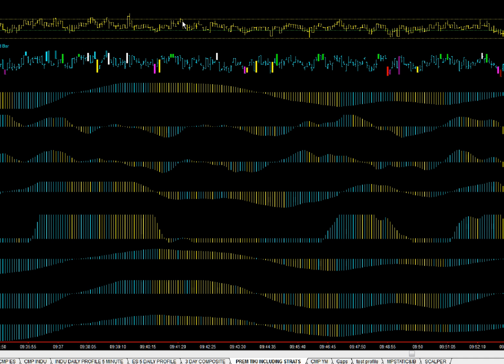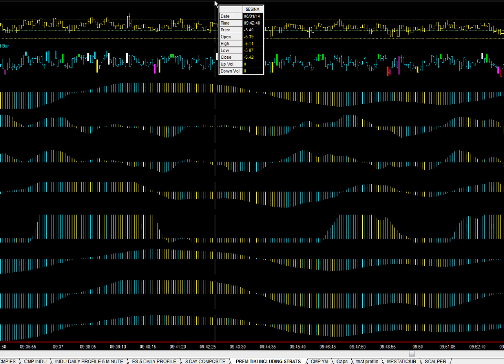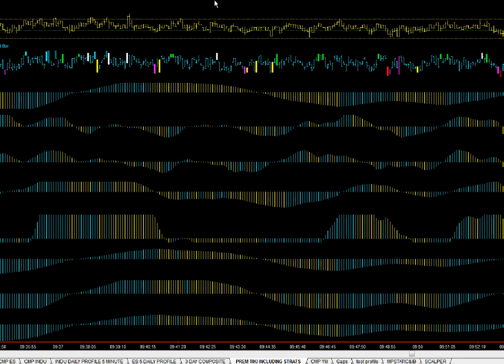And you see how the highs of the premium on those particular 5-second bars are dropping. And your indicators are confirming that. The raw premium tells you this is the time to pull the trigger right there, right when it tags the high. That's how precise we get, and we show you how to read the premium in our course.